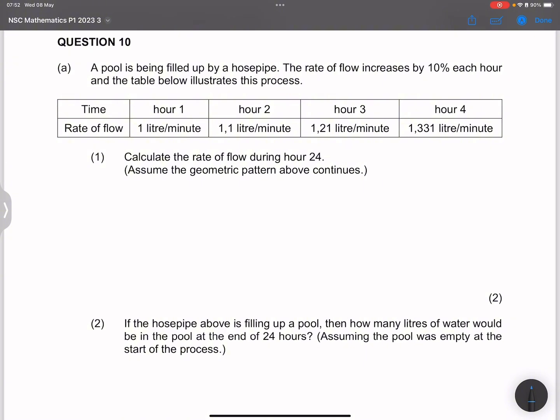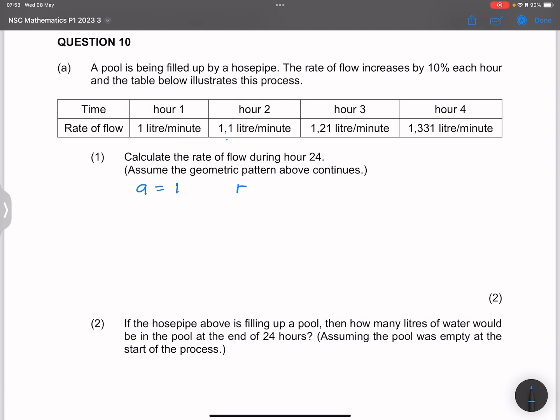So first of all, acknowledge that this is a geometric sequence, definitely. They say assume that the geometric pattern continues. So our a value in the first hour is 1, right? And our r value would be T2 divided by T1, so 1.1 divided by 1.